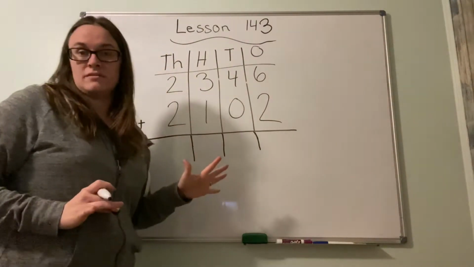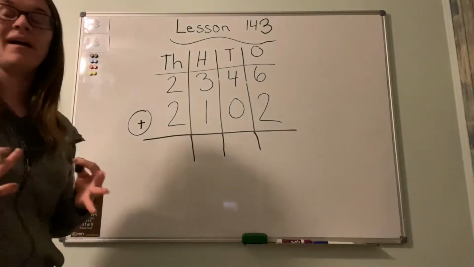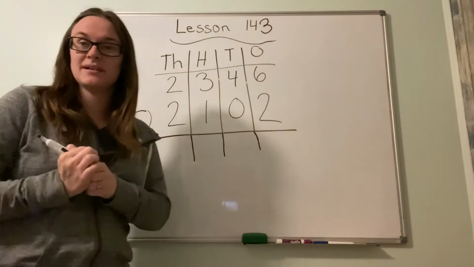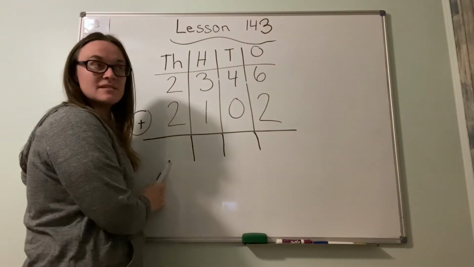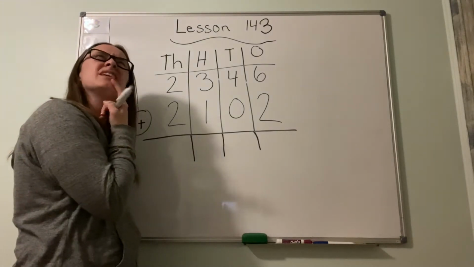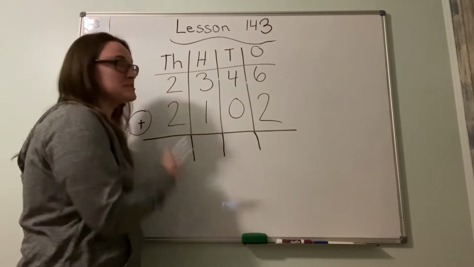Now let's review. Where do we start? This looks really big, right? And we're adding over here, but just take it step by step. Where do we start when we're adding? Do we start over here with the thousands? Because that's where we started when we were deciding greatest, least, and equal to, but we don't, do we?